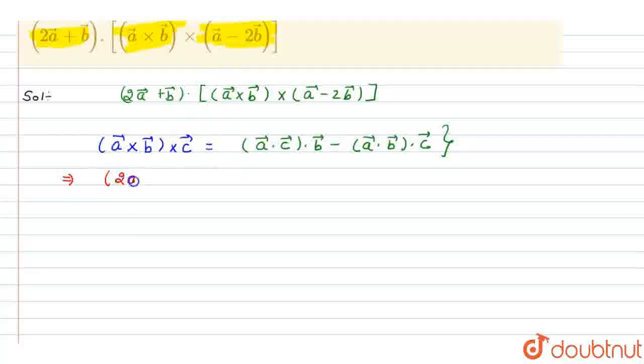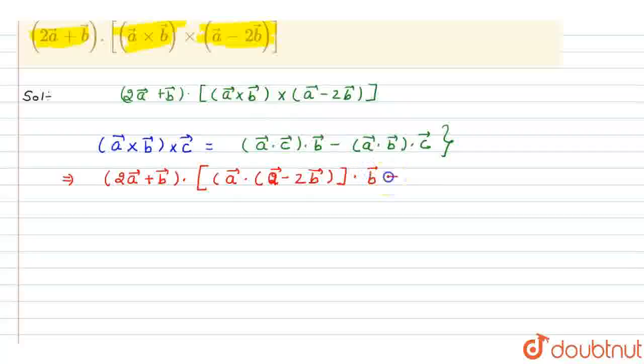Here 2a vector plus b vector is written as it is. Now using the vector triple product method, we get a vector dot, a vector minus 2b vector, times b vector.